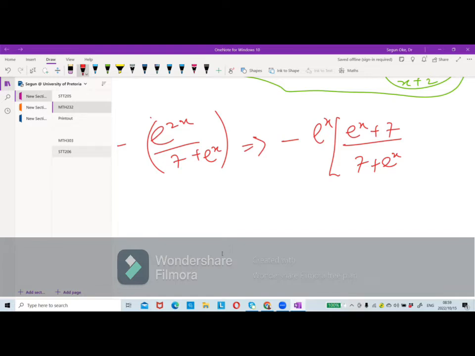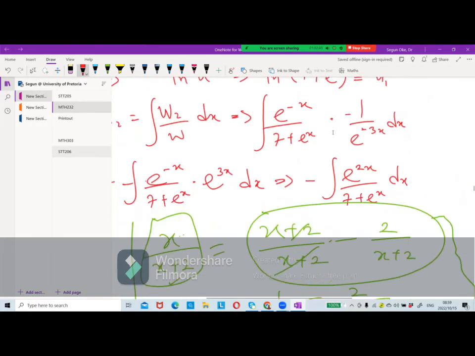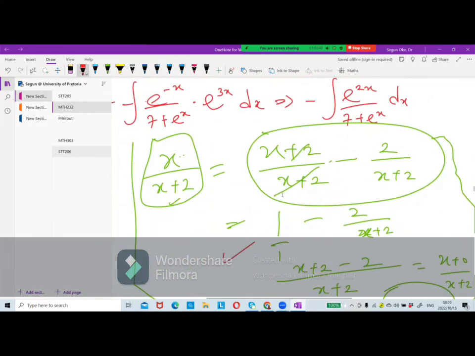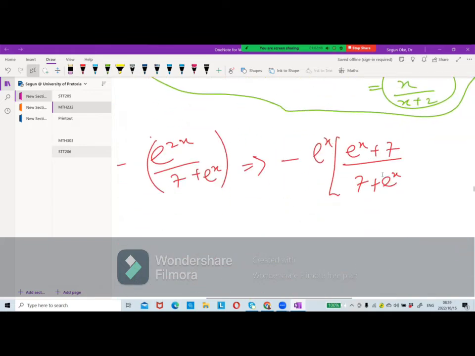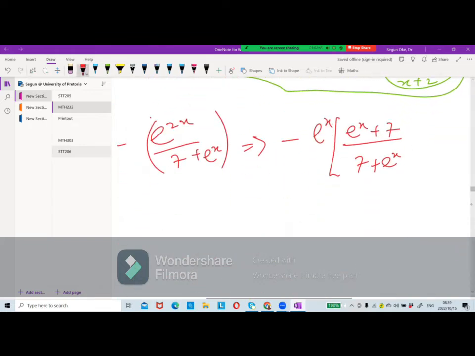Yes, sir. Remember what we did here. Yeah, the method you use. e^x plus 7 and 7 plus e^x cancel themselves. The only figure that will be here is the same e^x. The only figure that will be here is what? Minus what? Somebody should talk, please. Do you agree? Do we agree?